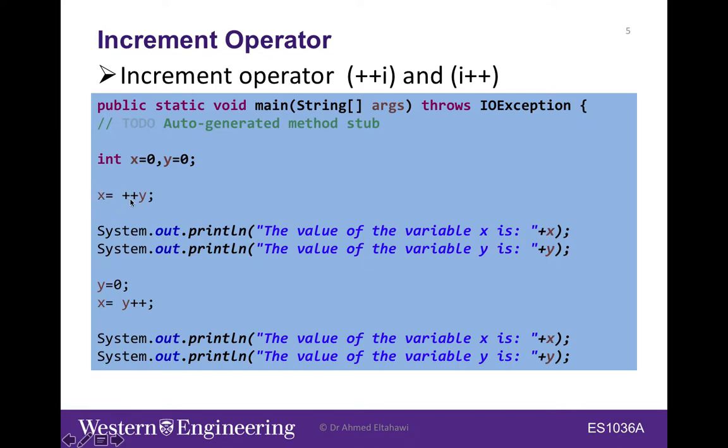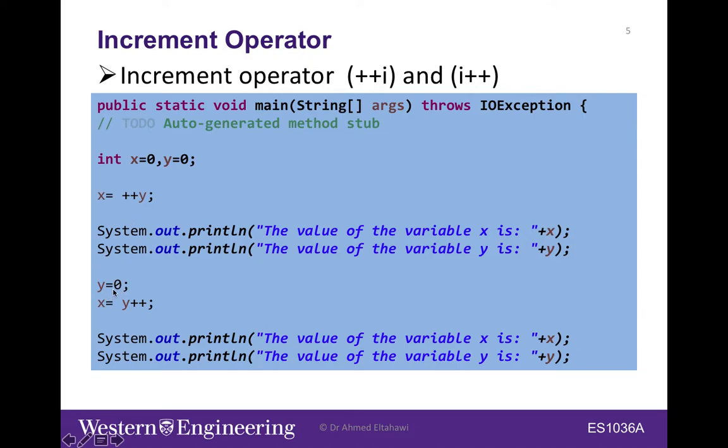If plus plus is preceding, you increment y and return the updated value to x. So if you output x and y, both will be 1.